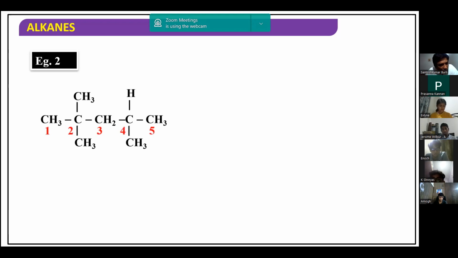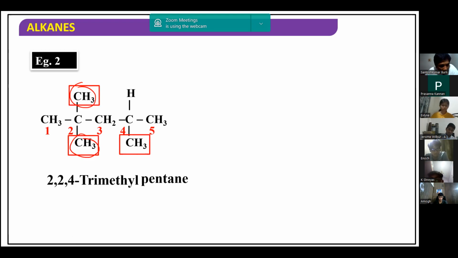Yes, 5. You have to number it from the left side because there are 2 substituents on the same carbon atom, which must get the minimum number. So 2,2,4-trimethylpentane. That is the name of this.